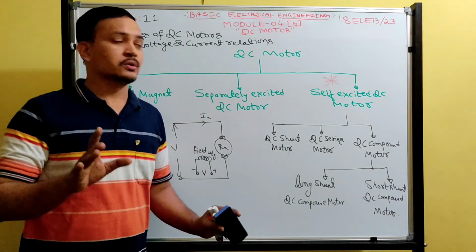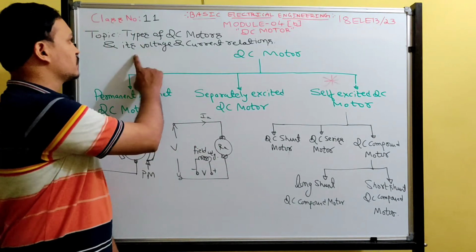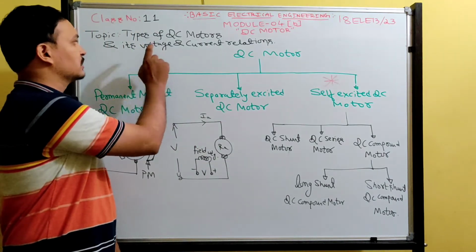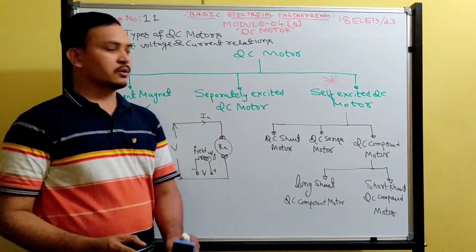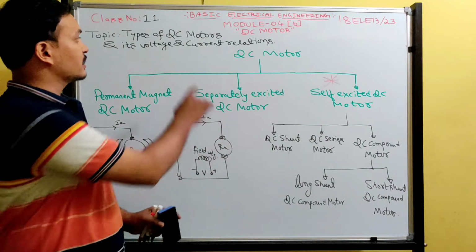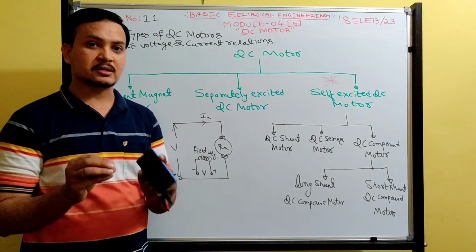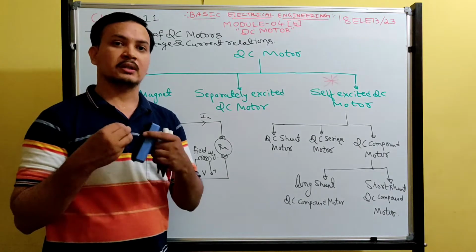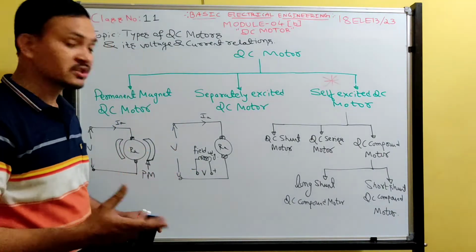Okay, so to solve problems on types of motors, next we are moving to the second topic. This is very much important, voltage and current relation. It's very easy. Once you understand this theory topic correctly, you can easily solve problems in a smaller time. It won't take much time.